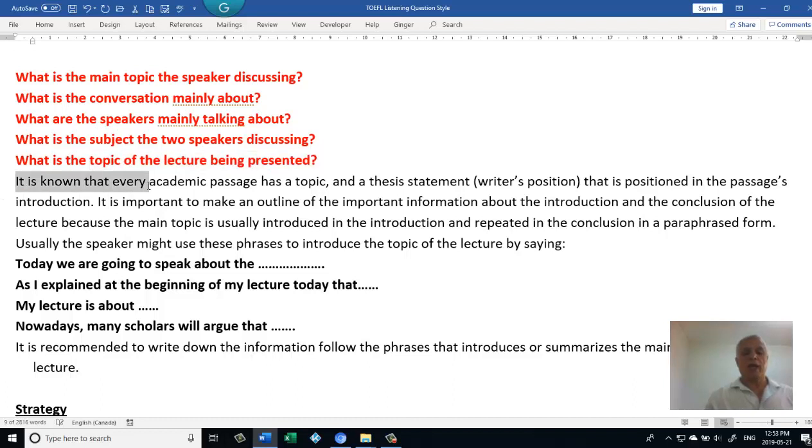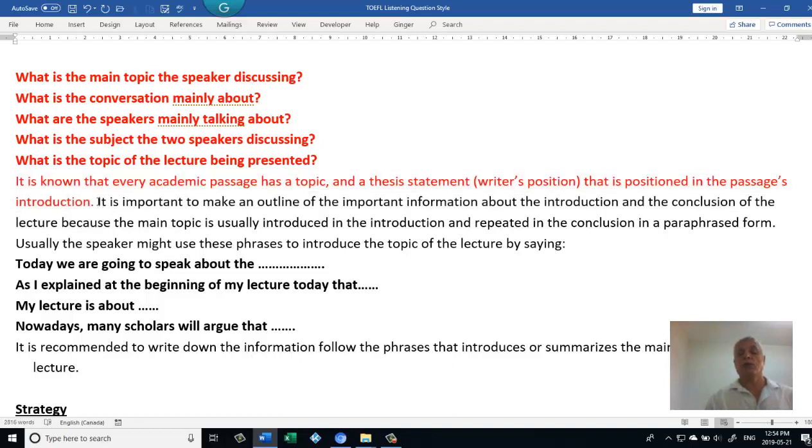It's known that every academic passage has a topic and a thesis statement. Sometimes you call them the writer's position, whether agreeing or disagreeing. The writer has to explain his or her position, and that is positioned in the passage's introduction.